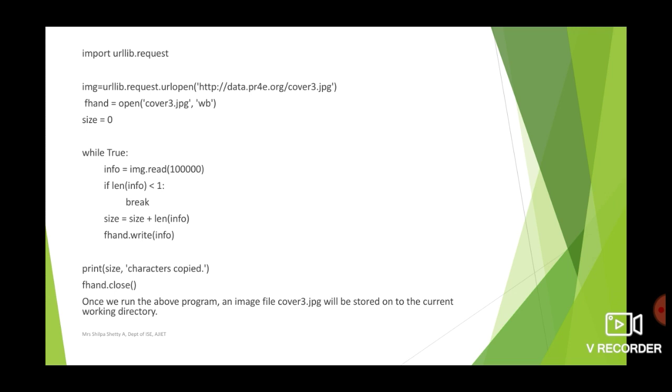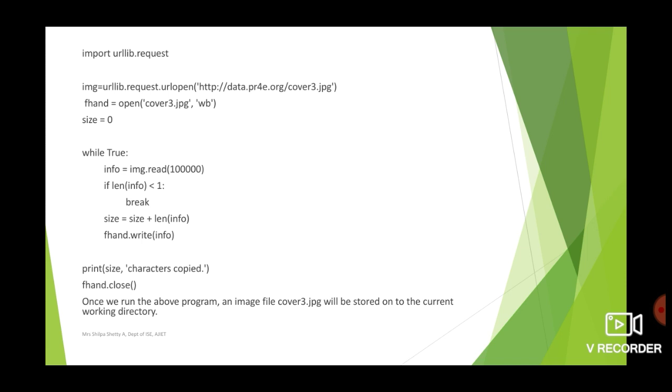Initially let us take the size of the file as 0, so we assign size is equal to 0. Now, while True, info is equal to img.read of 100000. So from the main memory we are reading only 1 lakh bytes each time.